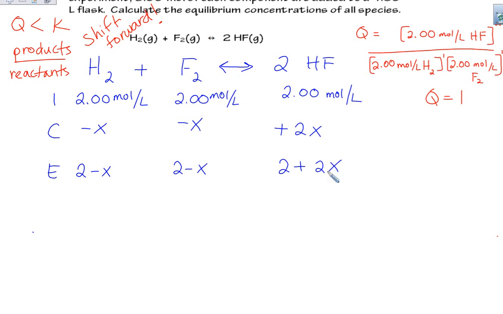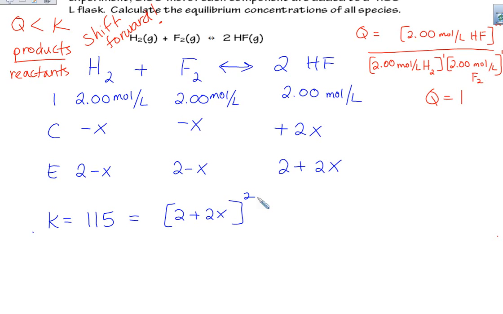So we'll set this up, we'll solve for x. We know K. K was 1.15 times 10 to the second. Let's say 115. Products, 2 plus 2x, and we still need to square that. Here's another common mistake. When I set up the equilibrium expression, it's almost like I'm using that ratio twice.